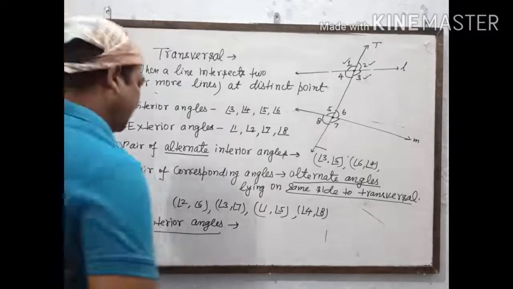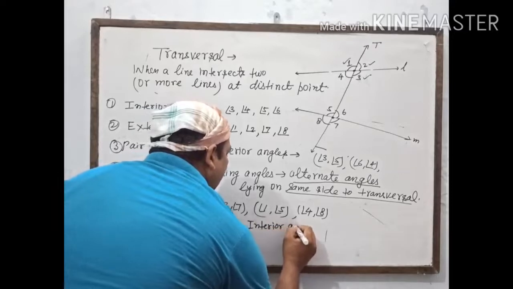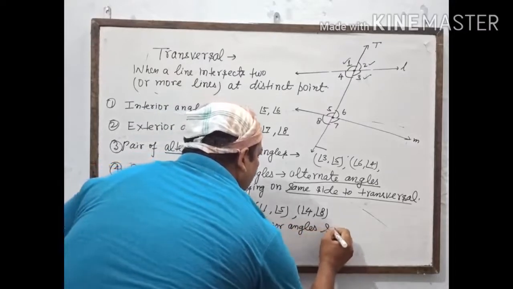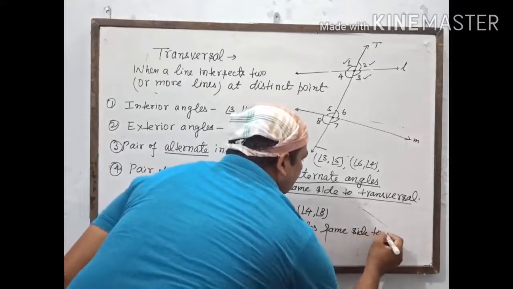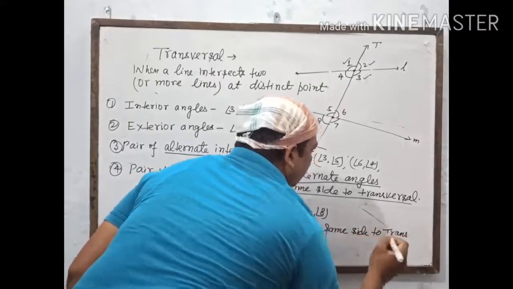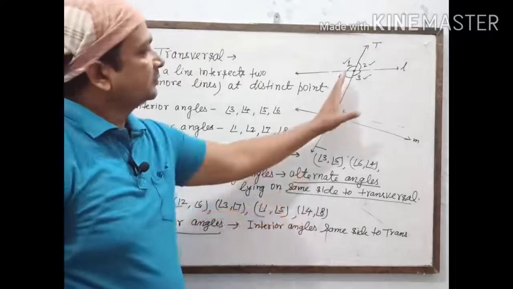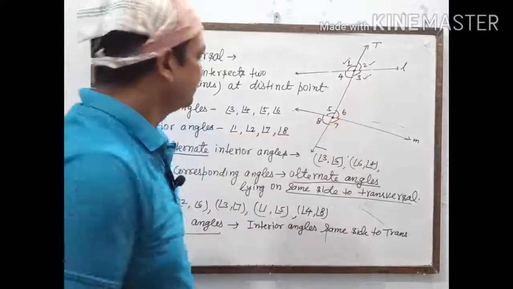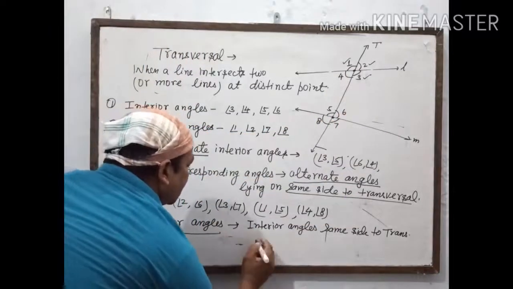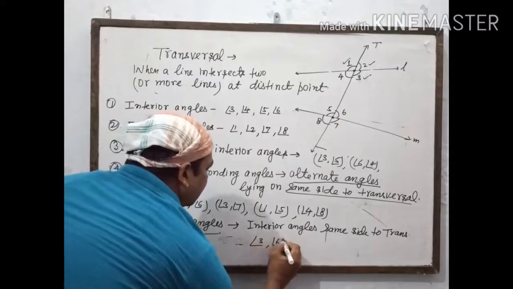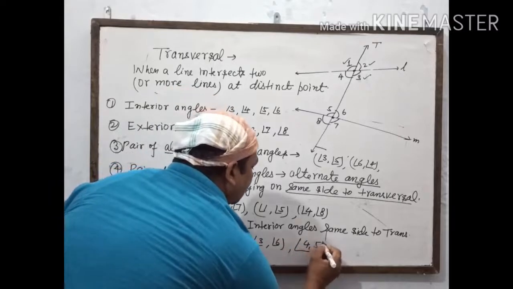Co-interior angles means interior angles on the same side of the transversal. Means interior angles on the left side: this is 3 and 6, angle 3 and angle 6, angle 4 and angle 5.